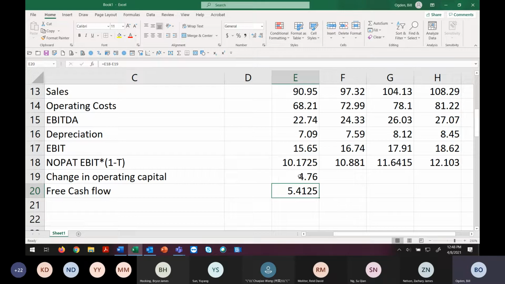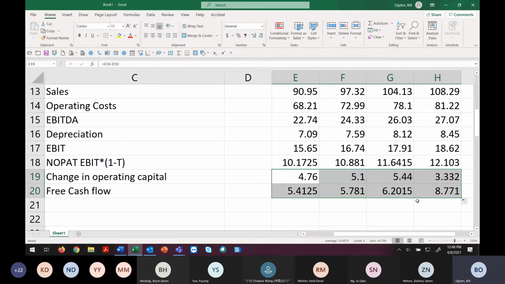And let's carry these calculations across. Then the whole company is worth the present value of its free cash flows.